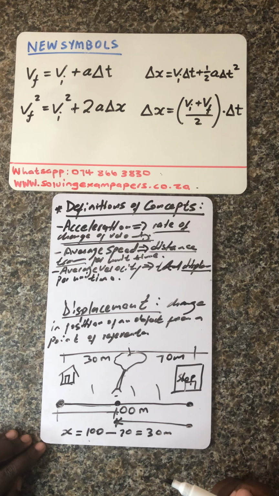If we say total distance, remember there's a relationship between the distance and the length, one and the same thing. So what is the total distance traveled? You traveled 100 meters, plus you also traveled 70 meters, which equals 170 meters. Can you now see the difference between the distance and the displacement, ladies and gentlemen?